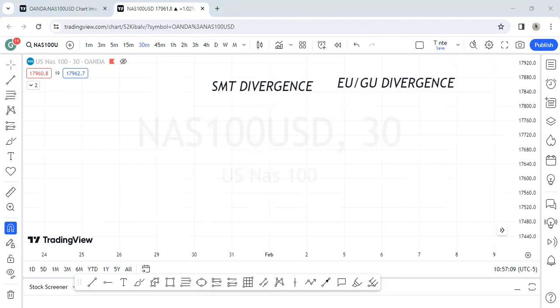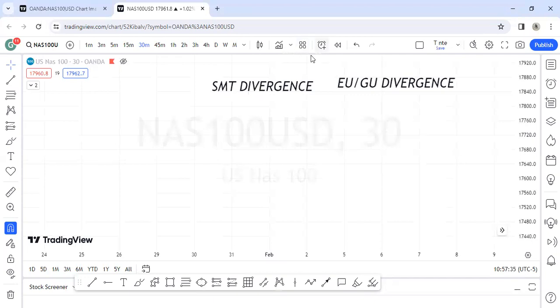Many smart money traders use this for their trading, and if you learn it, you also make a lot of money from it. I'll show you live examples of trades I took with this concept.